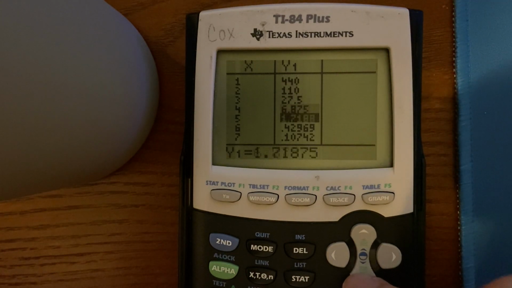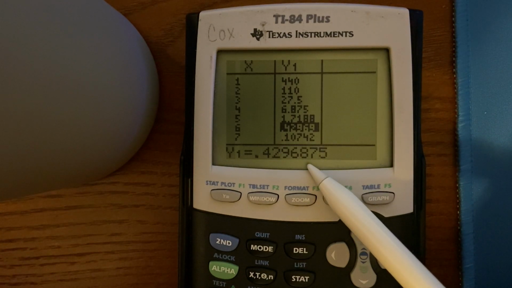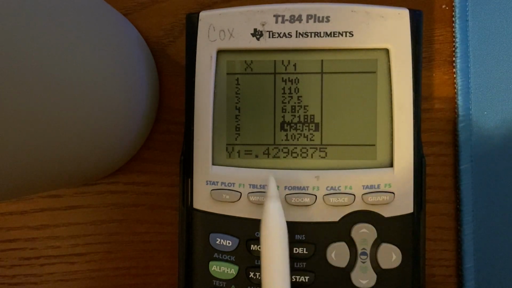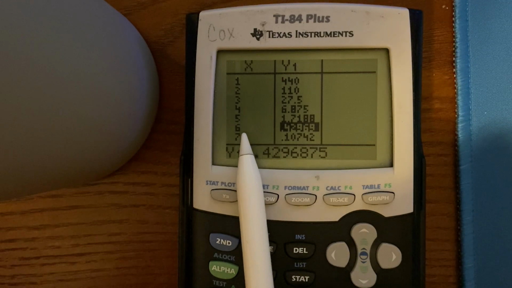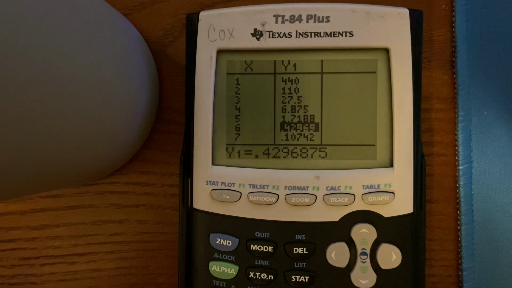Let's explore this a little bit more. Let's head down here, and you can see that your calculator gives you a more exact answer. So 0.4296875 appears in term number 6 of the sequence. And now we've just got the answer. It's just right there. That's all it is.